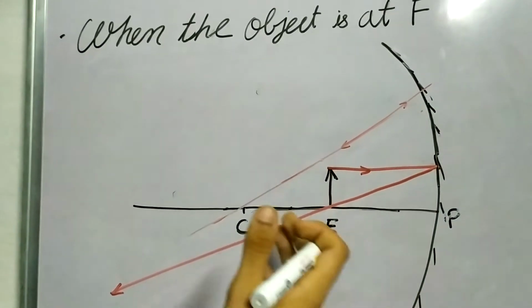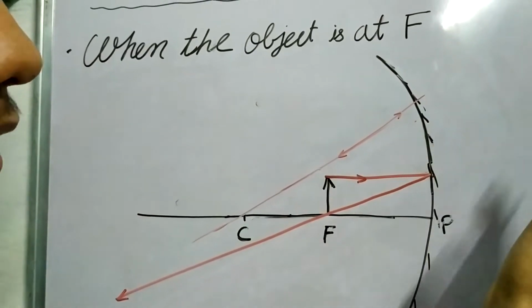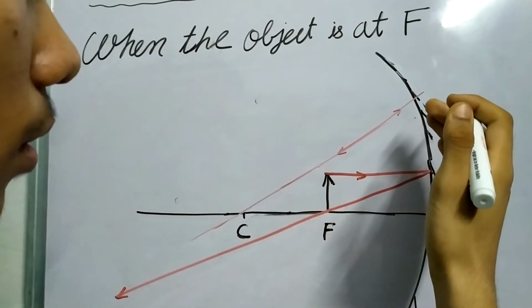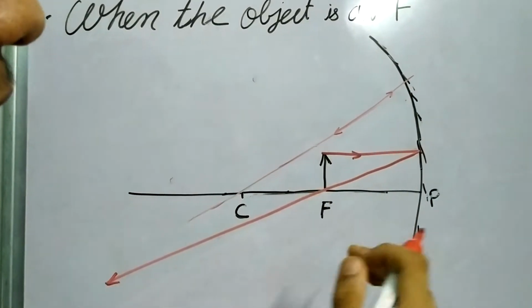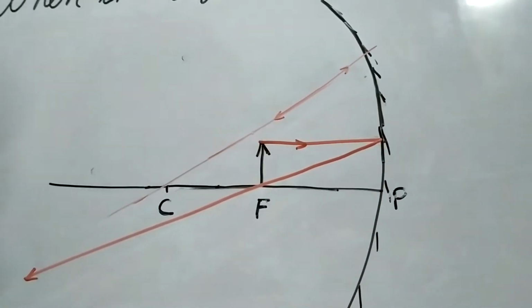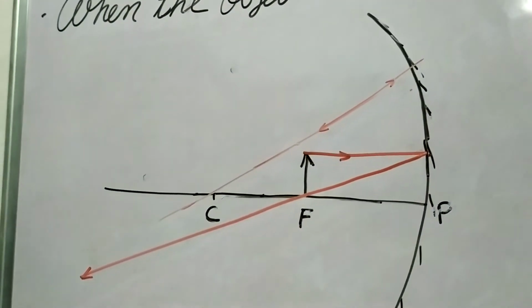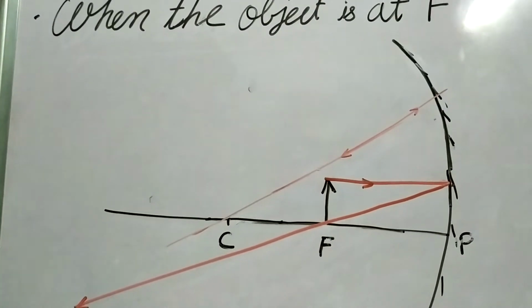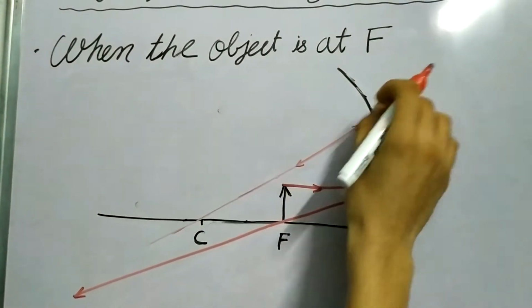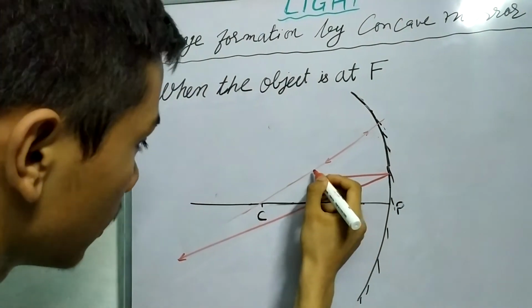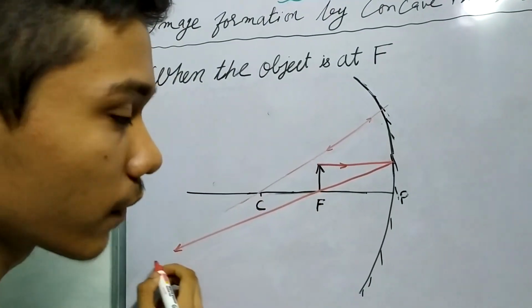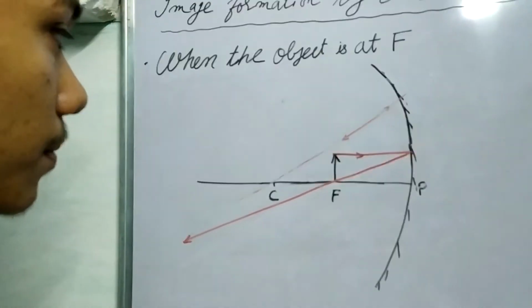Yes, it does travel, and it's very easy to see that the mirror won't differentiate between a light coming from the center of curvature or light coming from an object in its path. Can it differentiate? And so the ray will retrace its path, and while retracing, it will cross the center of curvature. It will go through the center of curvature.